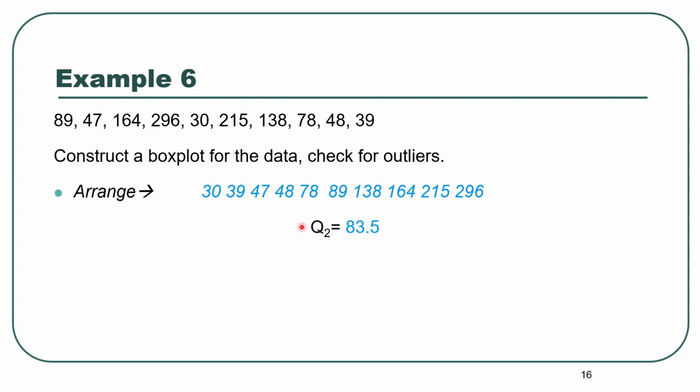For the Q1, it's 47. Why? Because again, let me write it just to remind you. For that one, I would have the L for the Q1, let me write it like that. It's again the 25 times the 10, which is my N, 10 observations, over 100.